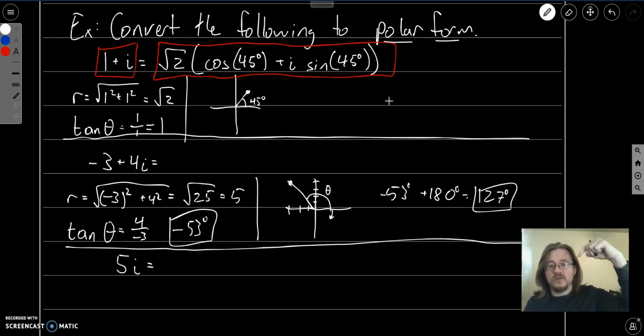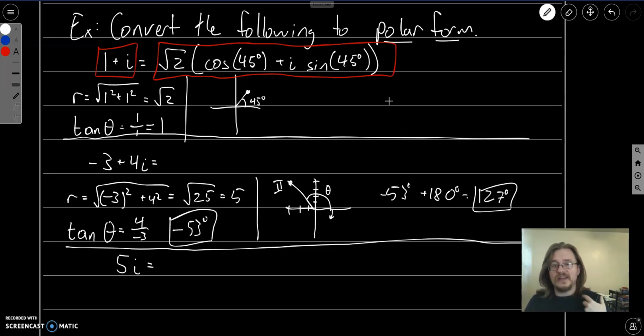And -53 is going to be the angle that's coming down from the x-axis. But we don't want a -53 degree angle. We wanted it somewhere between 90 and 180. This is quadrant 2.